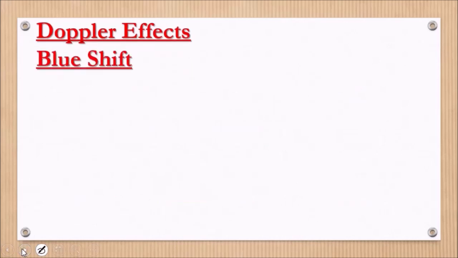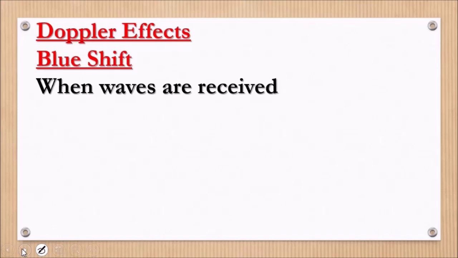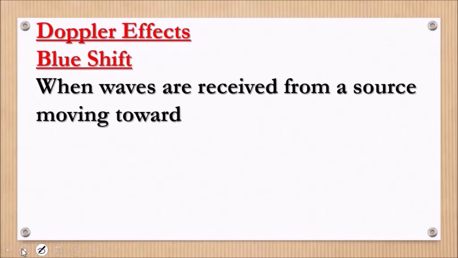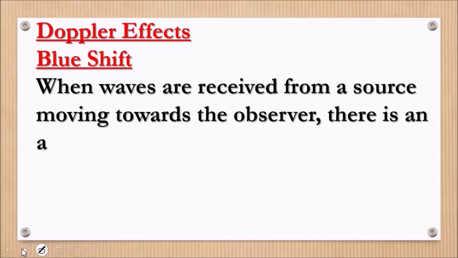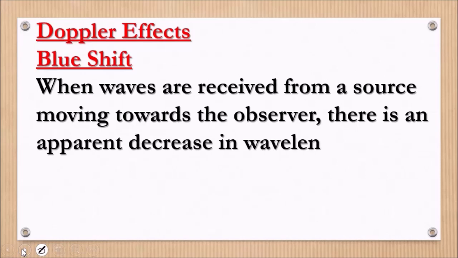Try to understand blue shift with respect to the Doppler effect. When waves are received from a source moving towards the observer, there is an apparent decrease in wavelength, and this apparent decrease in wavelength is known as blue shift.